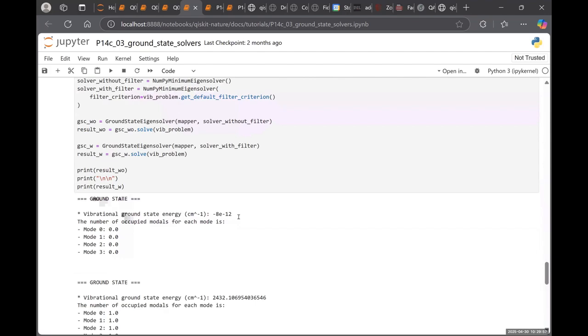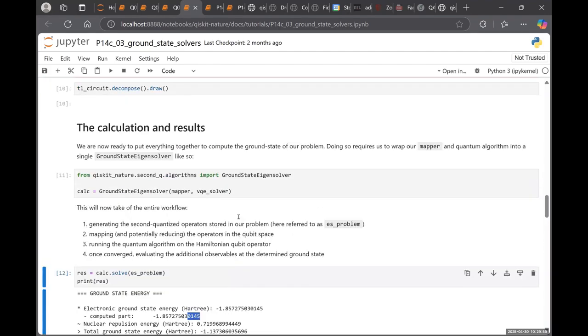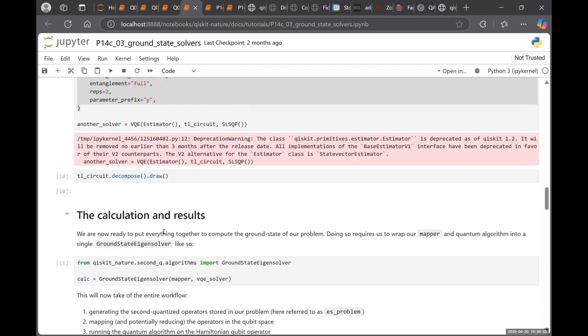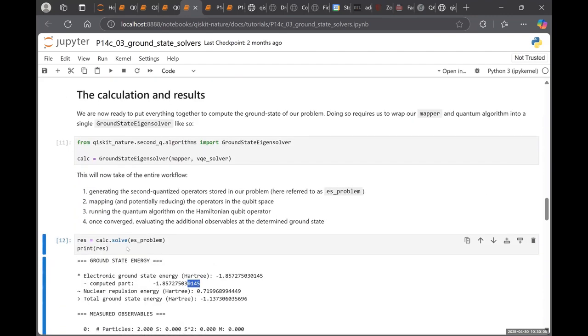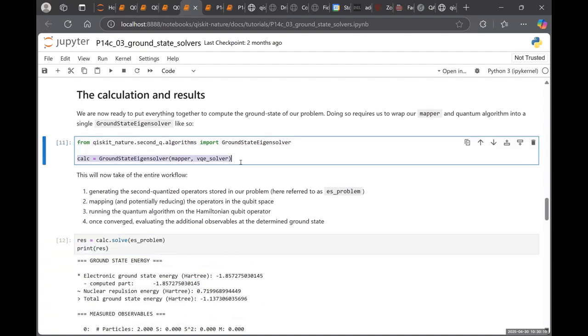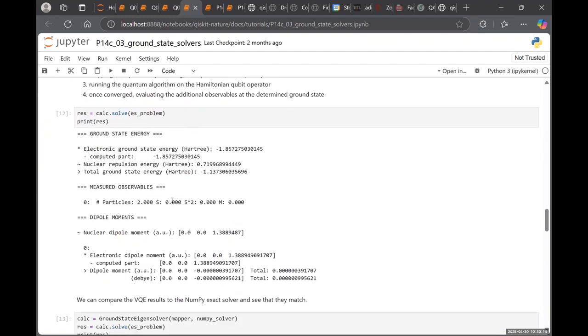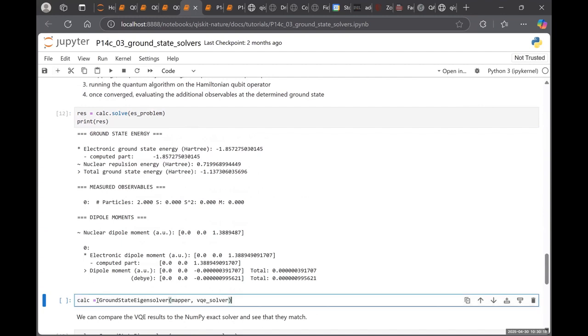Okay, there's also other things. Here, you could say, okay, I want to compare with another solver. You could also do this. Another solver.